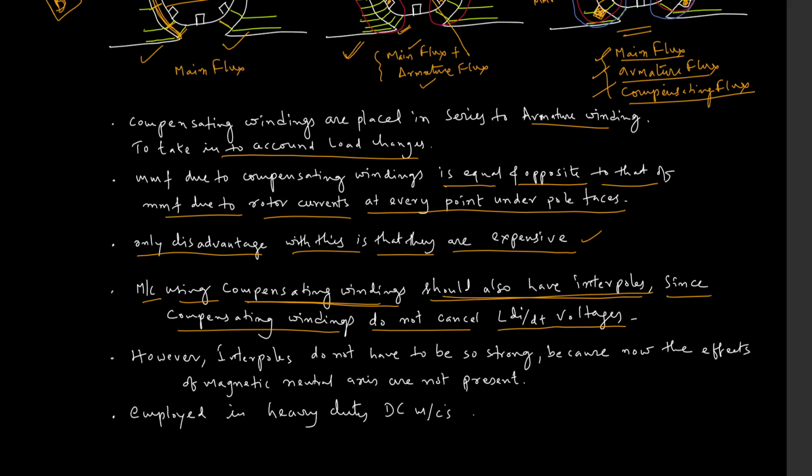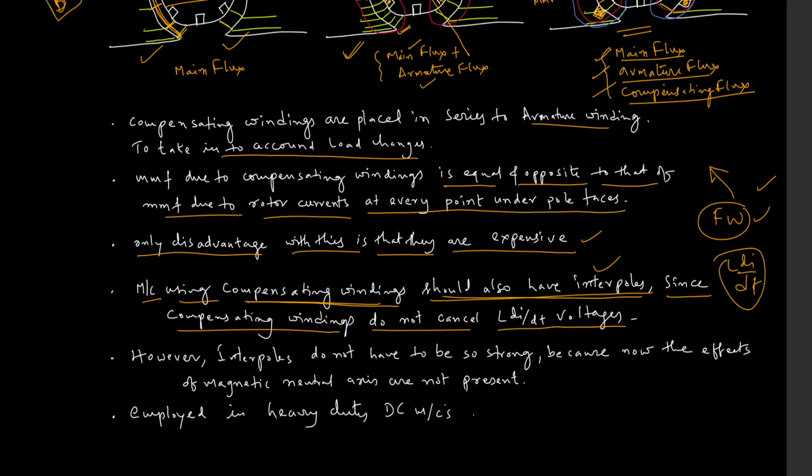It actually completely eliminates armature reaction, that is the shift in magnetic neutral axis and the flux weakening. These two are addressed, but not L dI/dt with this compensating winding. So to address this, I have to place the interpoles along with the compensating winding.